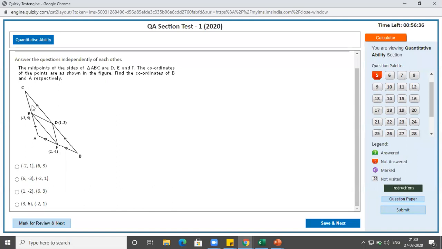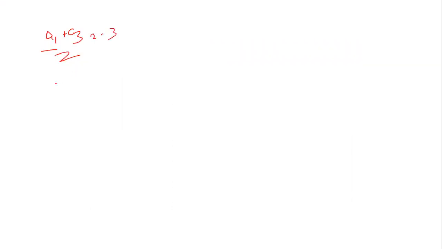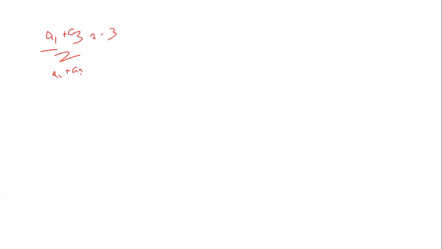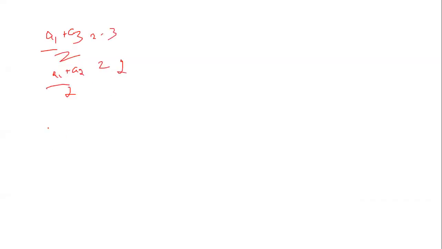So it says A1 and C1. I'll do A1 and A3. So (A1 plus A3) upon 2 will give me minus 3. Then (A1 plus A2) upon 2 is going to give me 2. Likewise, (A2 plus A3) upon 2 is going to give me 1.